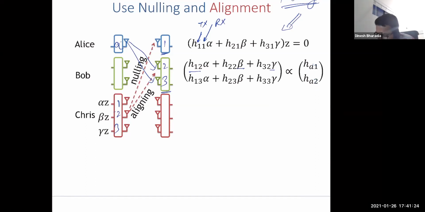I'm going to erase and write the numbering on this side differently. That's what you need. You don't need to even consider Alice's receiver. You just need to consider Bob's receiver. That's where alignment is happening. Nulling is happening at Alice's receiver. So let me change this notation so it's clear. This is confusing everyone actually.